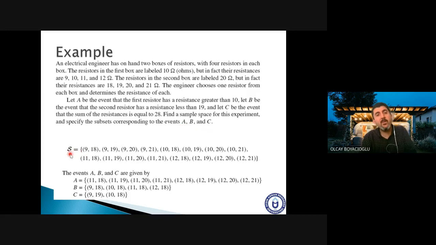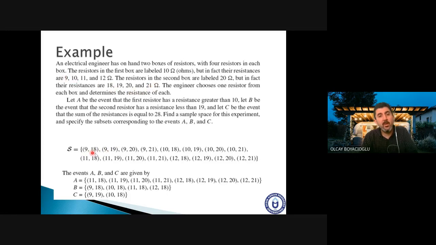All right, let's write the sample space. Sample space means every single outcome that can be observed. From the first box, I can get a 9, and from the second box there are 4 different options: 9 with 18, 9 with 19, 9 with 20, and 9 with 21.